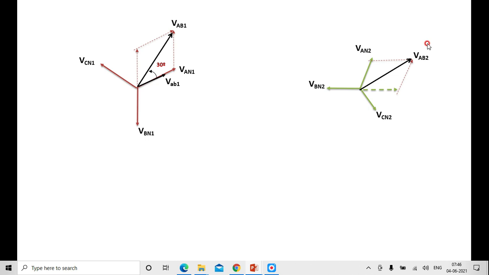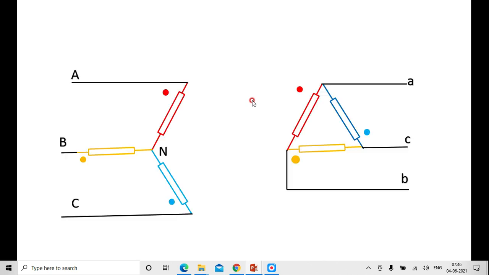Then you have seen that VAB of a delta connection and VAN are in the same phase. You can refer back here: VAN2 is across this and VAB2 across this. These two are in phase.